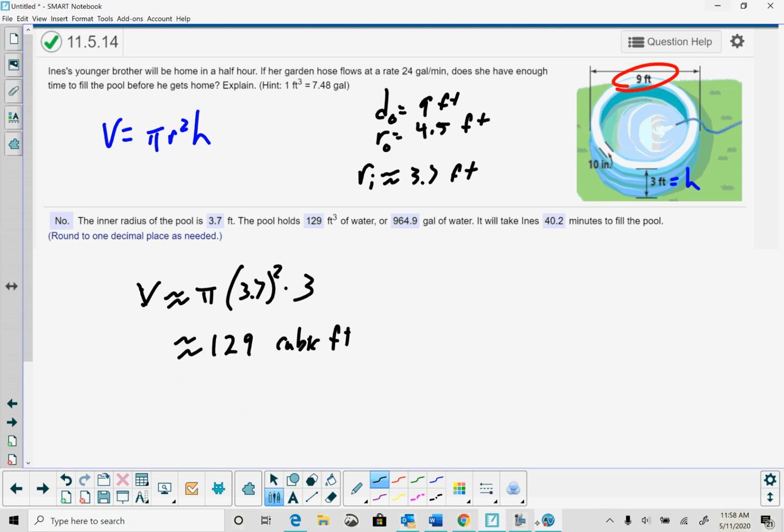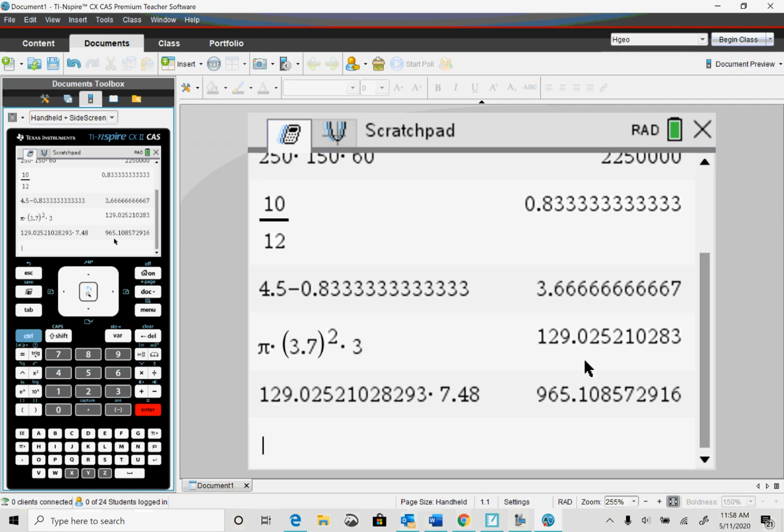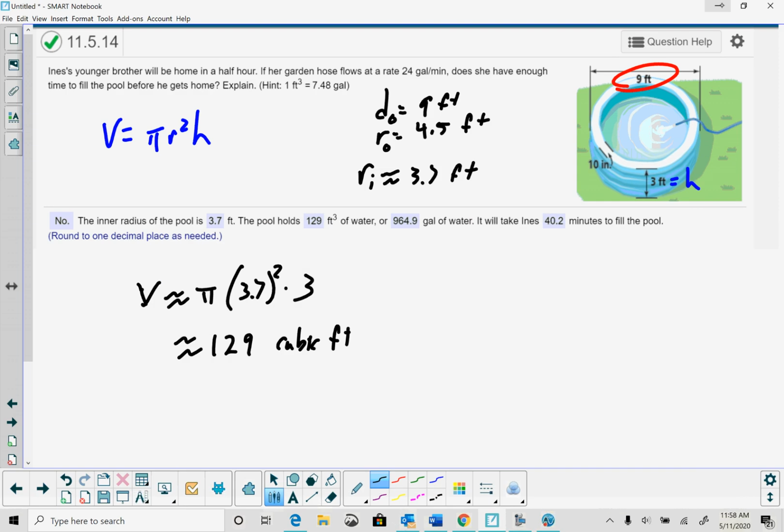Okay, now they actually want it to the nearest tenth. Don't understand these people. 965.1.